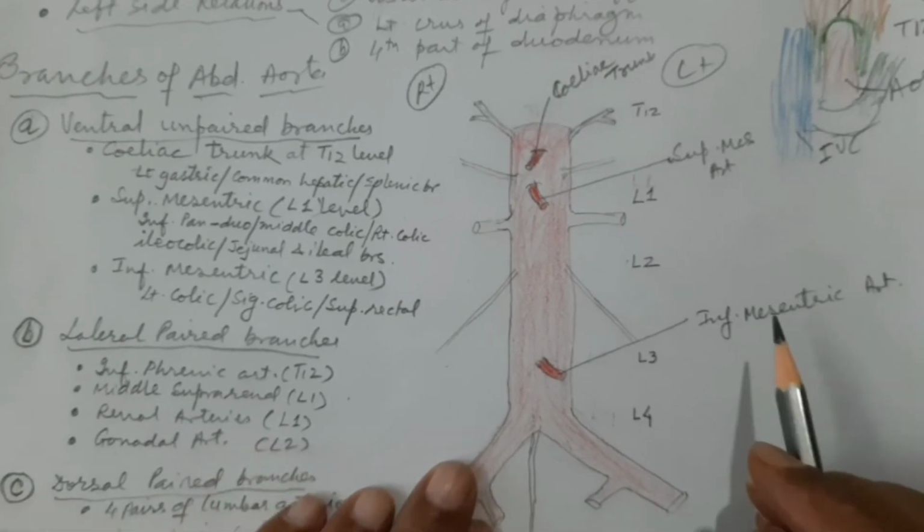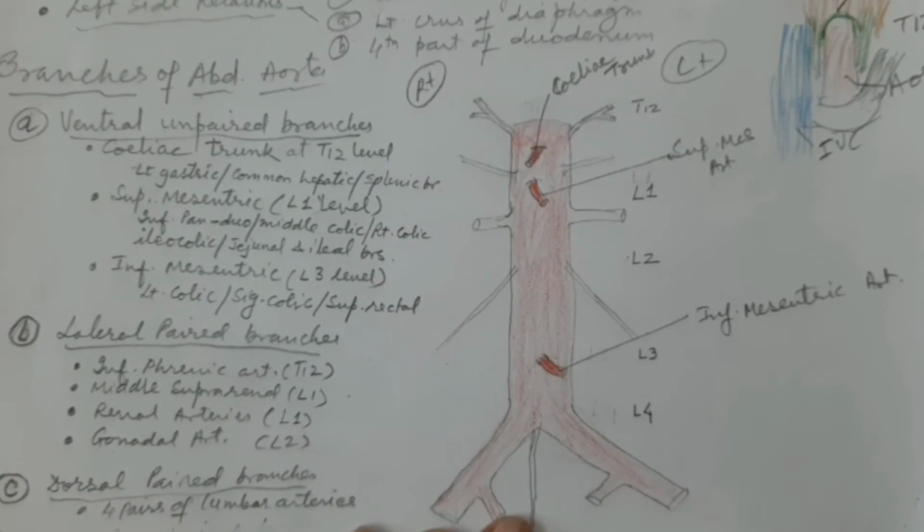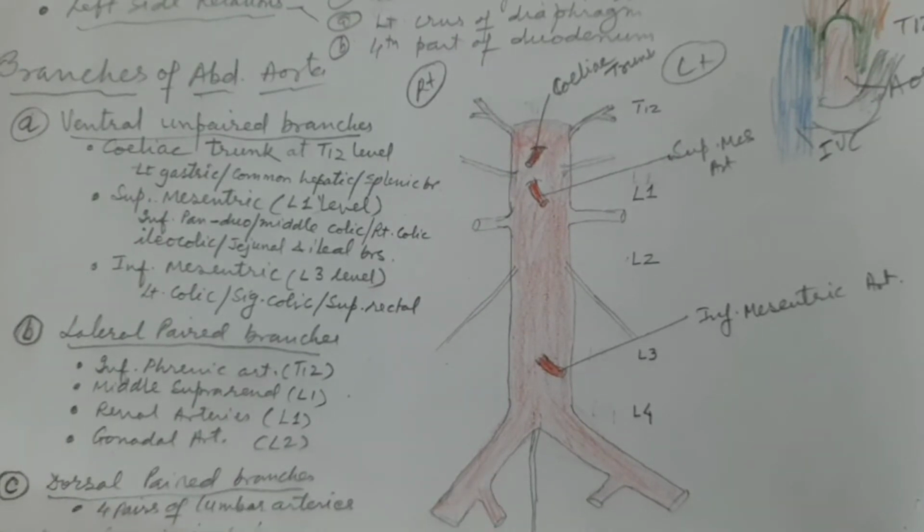It is responsible for supply from half of the transverse colon, then the sigmoid colon, then the left colon, meaning the descending colon, and this will continue as the superior rectal. Superior rectal is not its branch, but the trunk itself continues as the superior rectal artery.